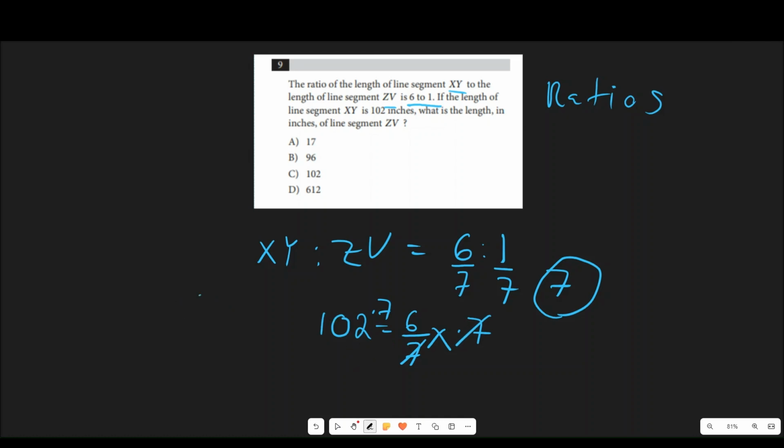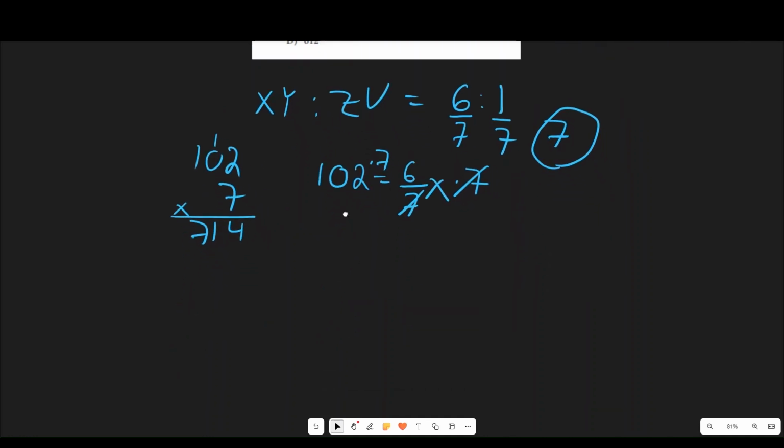102 divided by 7. I'm just going to write that over here. You can use your calculator, but I like to try and do it all by hand just for fun. So 7 by 2 is 14. That's going to be 0, so 1 comes down, and then we have 7/14. So 7/14 is equal to 6x.